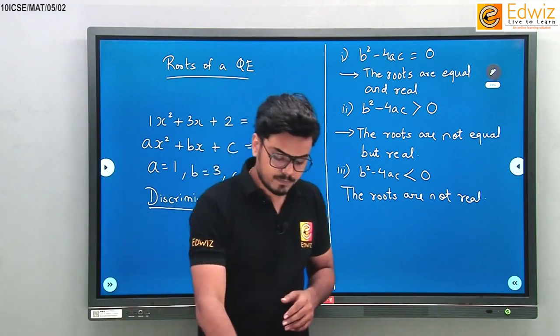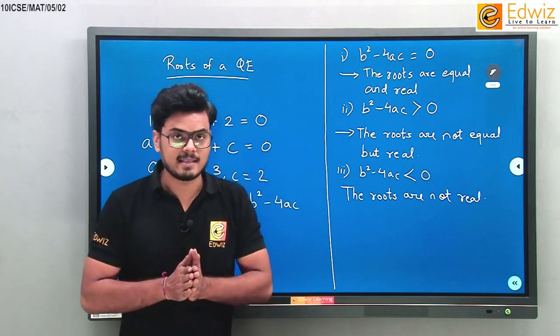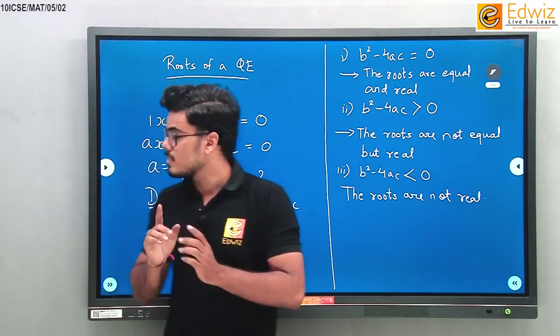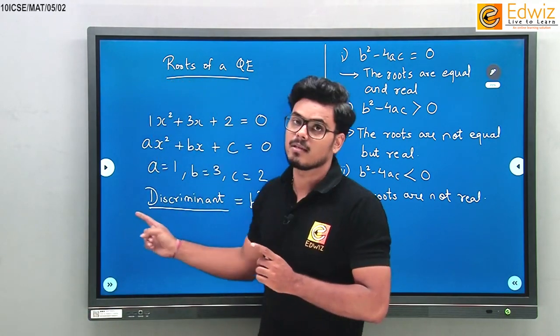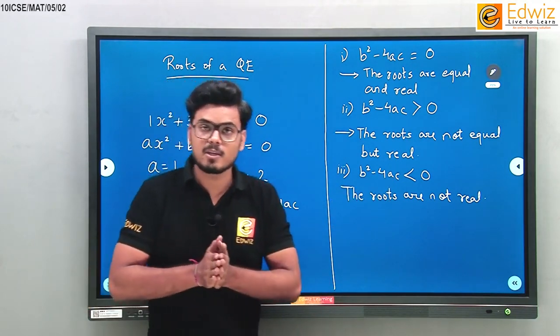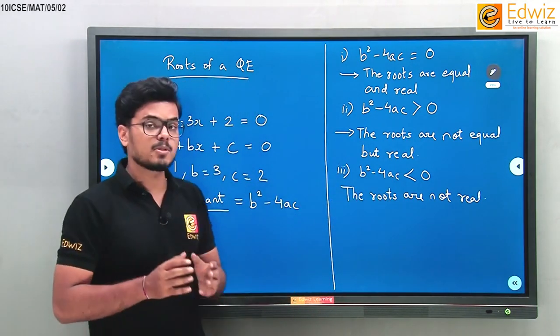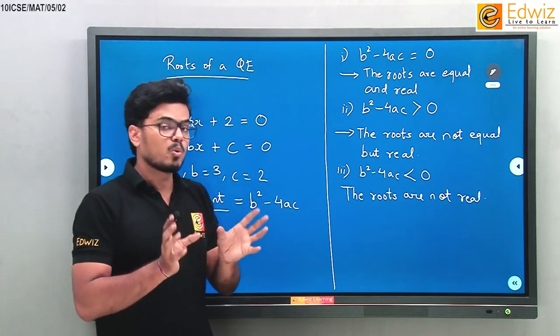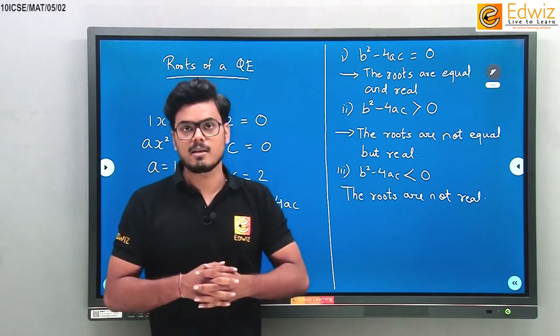So now we saw three different categories based on the discriminant. Now you must have understood why this is called discriminant. Okay? ये जो फॉर्मूला है b square minus 4ac, इसको डिस्क्रिमिनेंट क्यों बोलते हैं? Because it helps us to discriminate between the roots of the quadratic equation. ठीक है, दोनों रूट्स के बीच में डिस्क्रिमिनेट करने को हेल्प करता है.